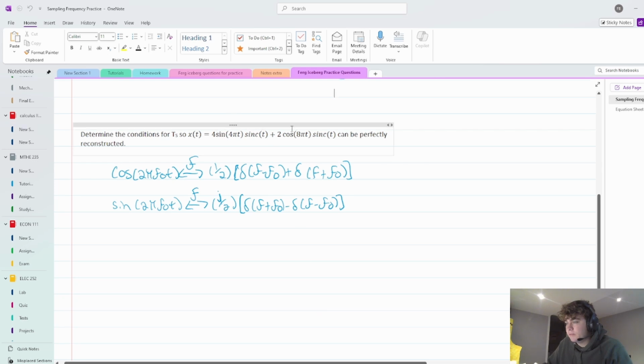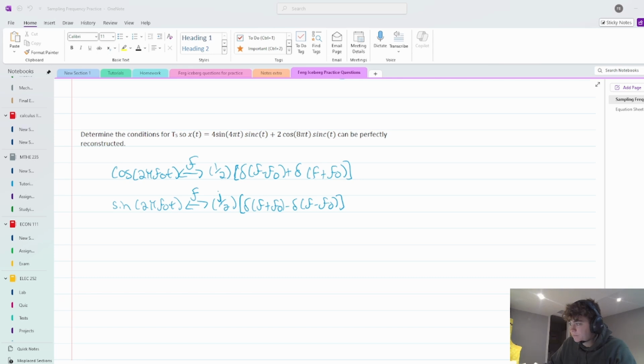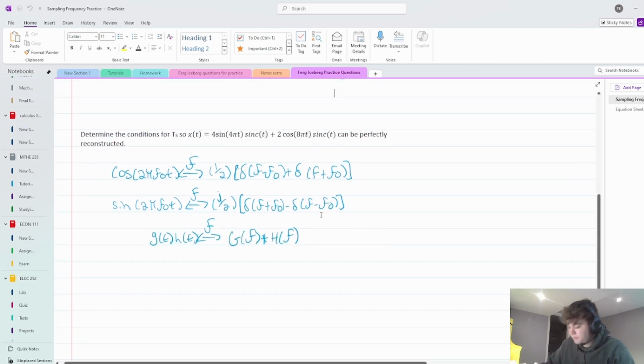So if you look here, we can easily apply this to this function here. The other notable thing here is if you have a function g of t times h of t multiplied, that Fourier transform will turn into G of f convolved with H of f. So using what we know here, we can then go ahead and start solving.